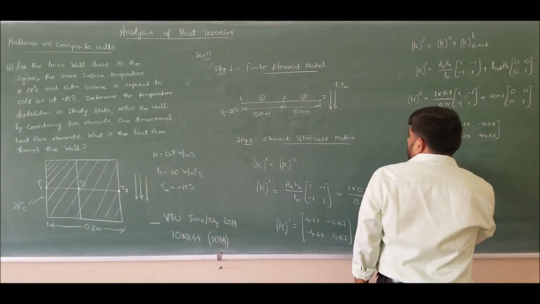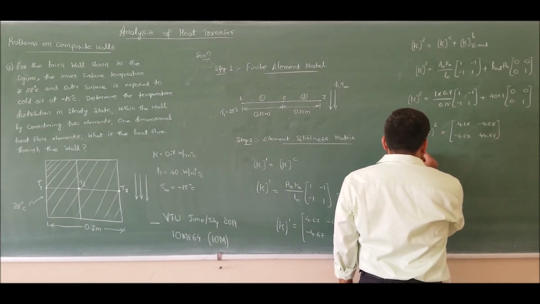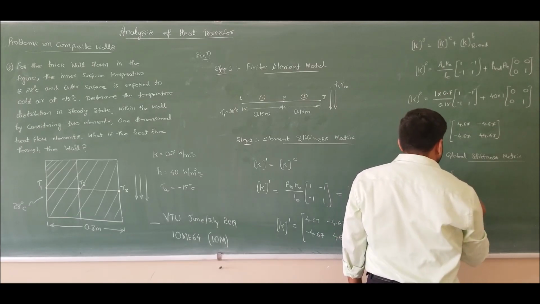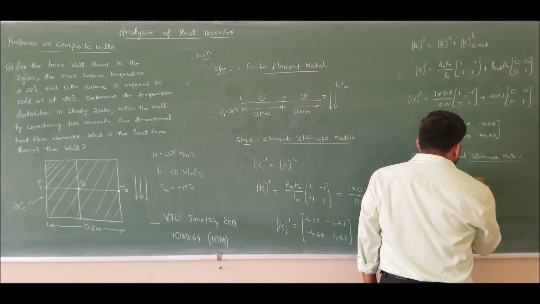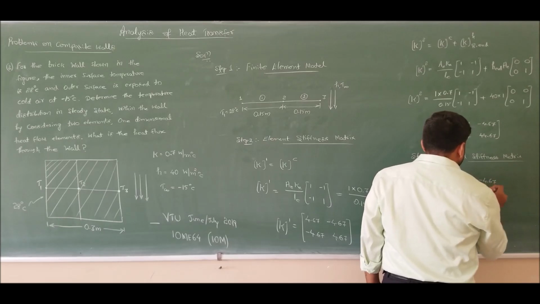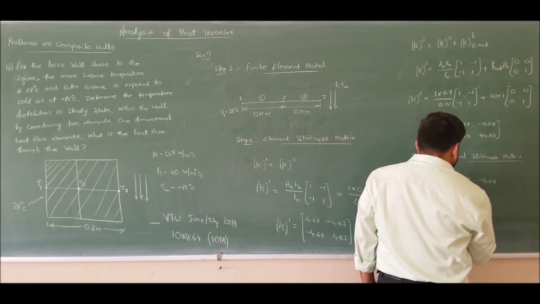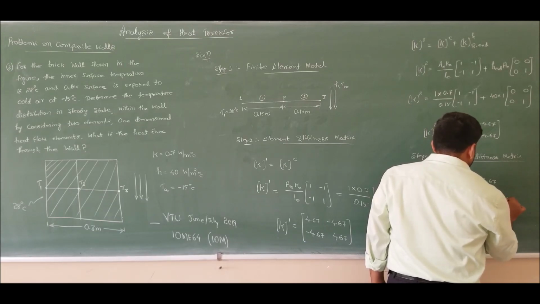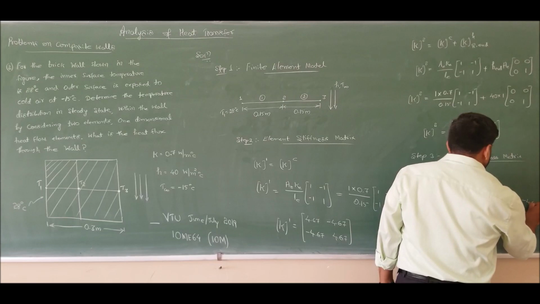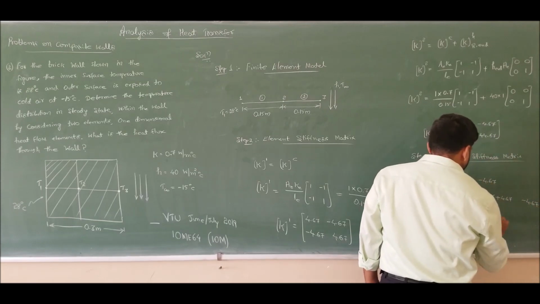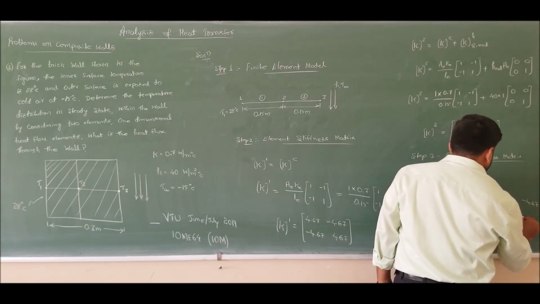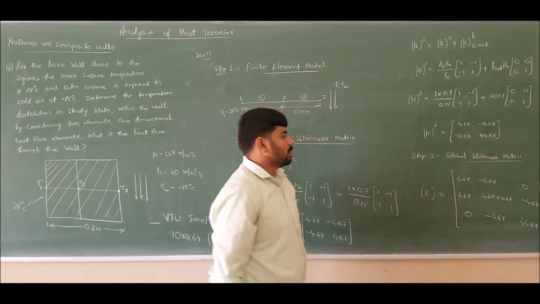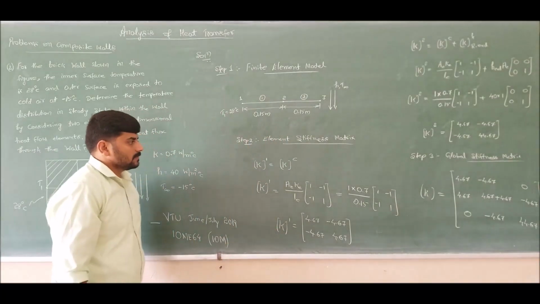If I do that, I get the global stiffness matrix as 4.67, minus 4.67, 0; minus 4.67, 4.67 plus 4.67, minus 4.67; 0, minus 4.67, 44.67. So this is the global stiffness matrix for the given problem.